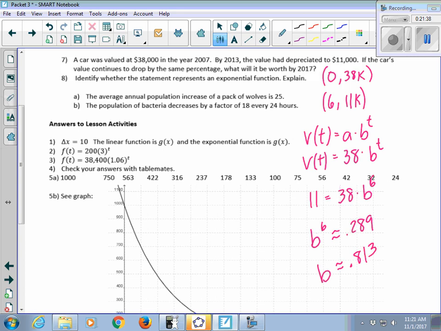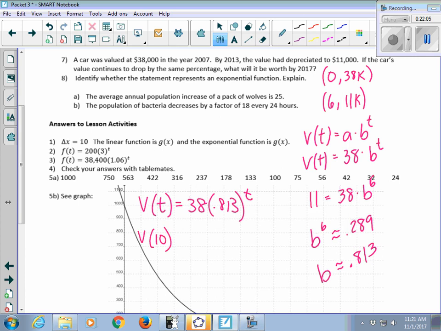So my formula is going to be V of t is 38 times 0.813 to the t. I'm just writing on this graph, sorry. It's just the answer key. V of t is 38 times 0.813 to the t. And then my question is, what will this car be worth in 2017? So that's V of 10.